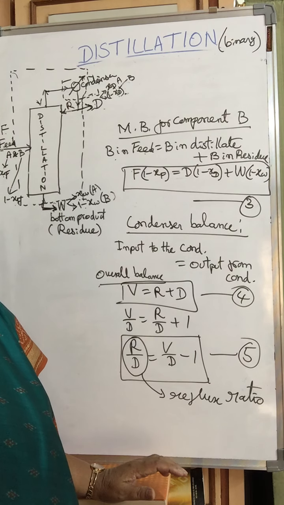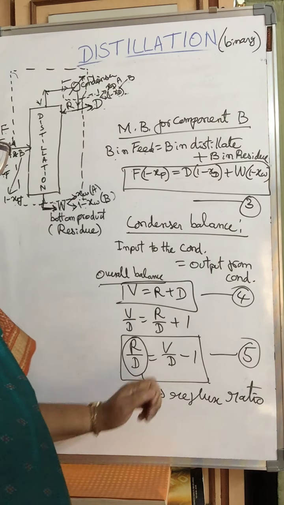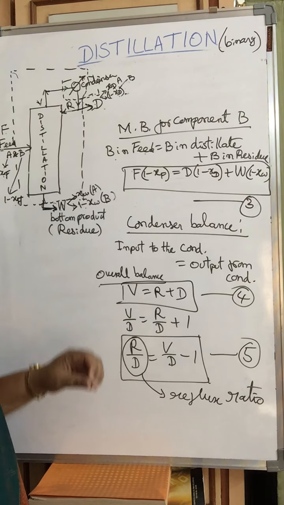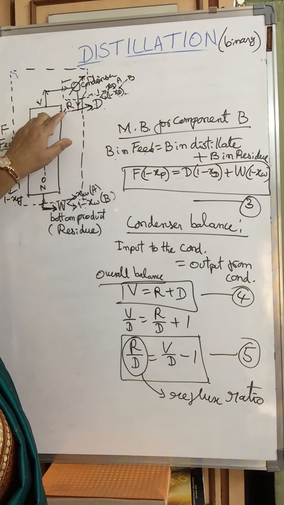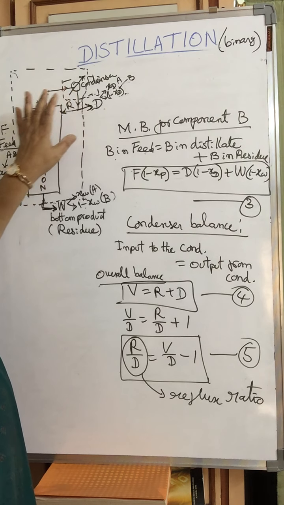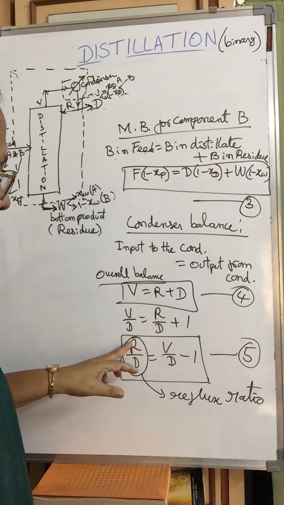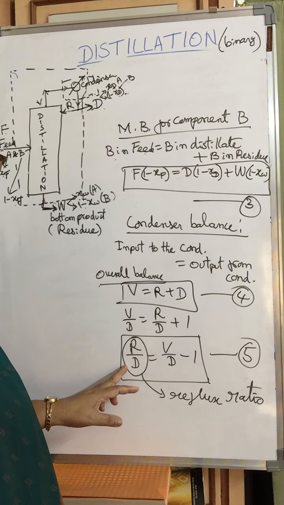So those calculations, before only the engineer needs to do all these calculations. And also it is necessary to calculate what amount of R is to be refluxed back. Only that much amount they will send back to the column. For that purpose, it is necessary to calculate reflux ratio R by D also.